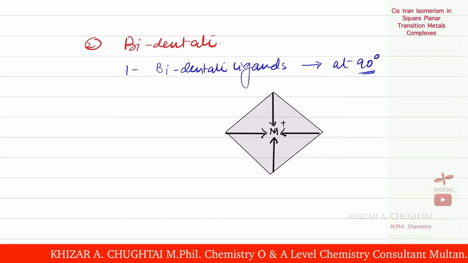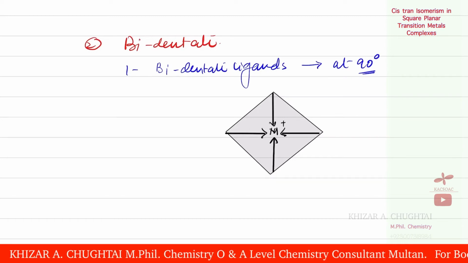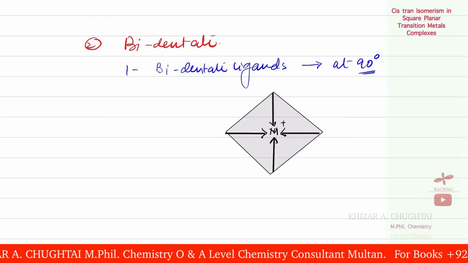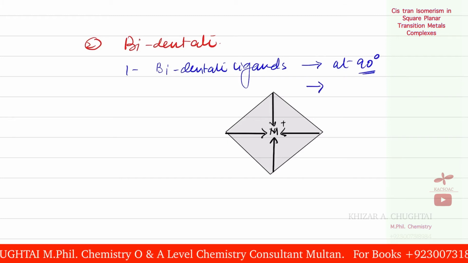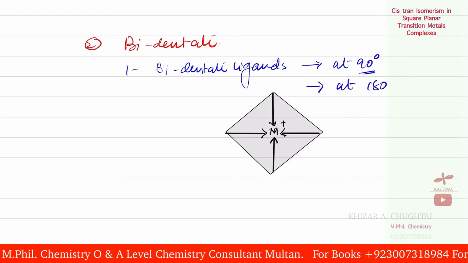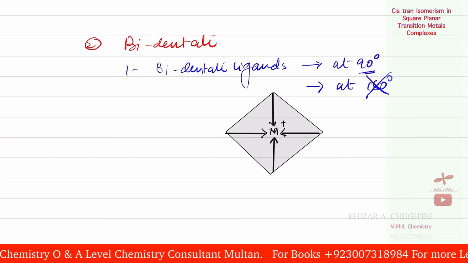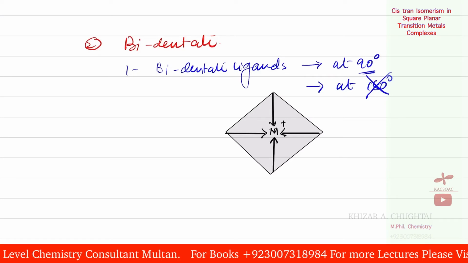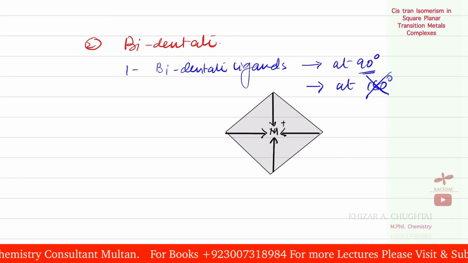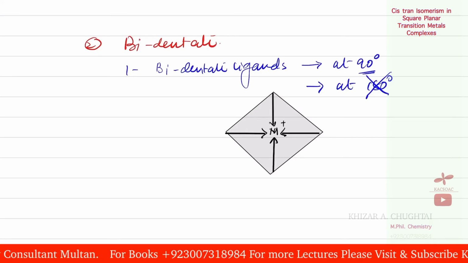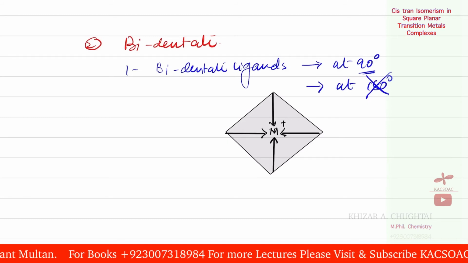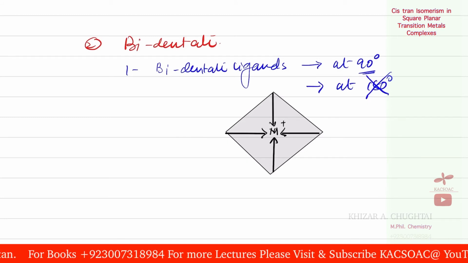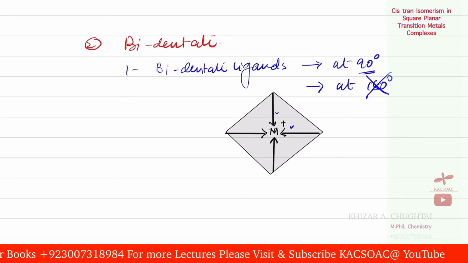Usually, bidentate ligands contain carbon chains shorter than six, so they cannot make the dative bond at 180 degrees. Keep in mind that normal bidentate ligands, having 7 or 6 carbons, make two bonds at 90 degrees.